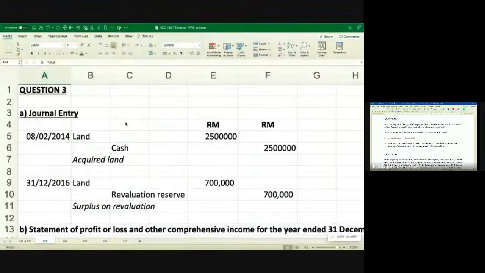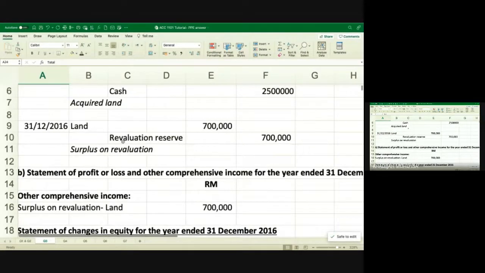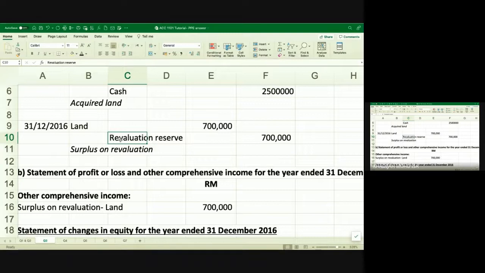So the method is that we are going to have a revaluation reserve. When we have a surplus, in this case we are going to credit. What if instead of a surplus, it's a deficit? It means that there's a reduction in value. If it's reduced in value, the value of the land also has to be reduced.